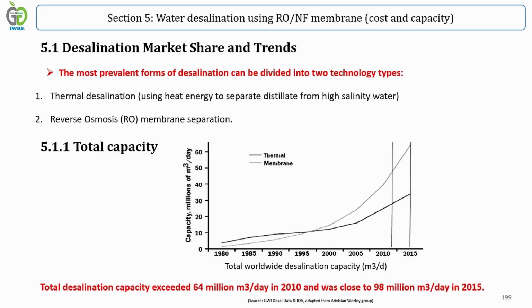Desalination market share and trends. The most prevalent forms of desalination can be divided into 2 technology types. First, thermal desalination, using heat energy to separate distillate from high salinity water, represented primarily by multiple effect desalination or MED and multi-stage flash desalination or MSF.